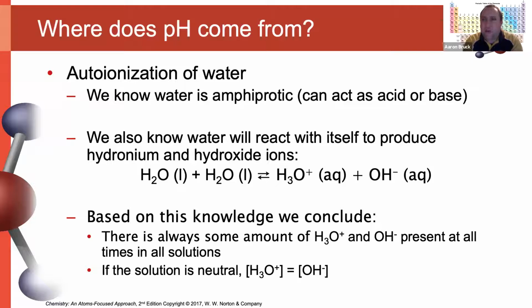Based on this autoionization, we can conclude that there will always be some amount of H+ and some amount of hydroxide in all solutions at all times. If we are in a neutral solution, the two concentrations are going to be equal to each other.